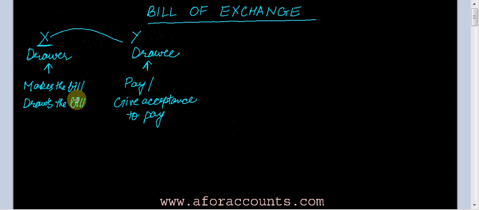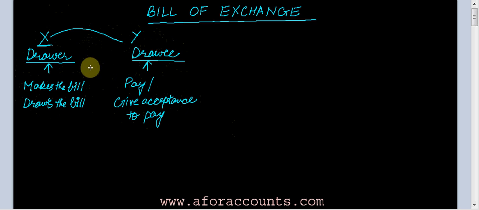Now we know that one is making the bill or drawing the bill and the other is accepting the bill. Now who is a payee? Sometimes what happens is the drawee will make the payment to someone.